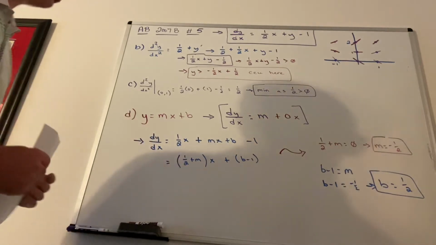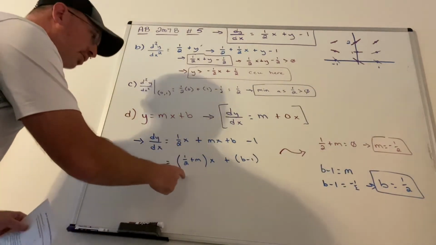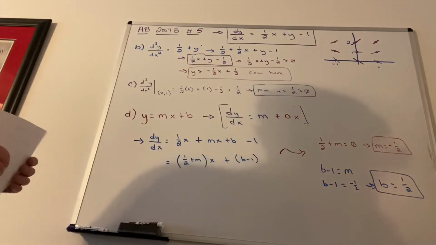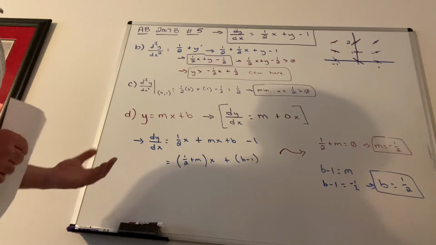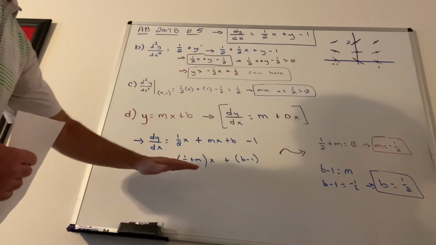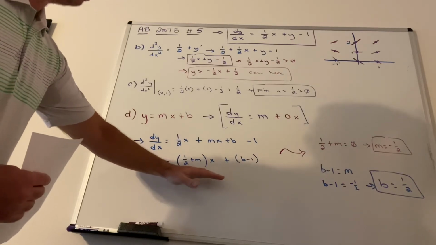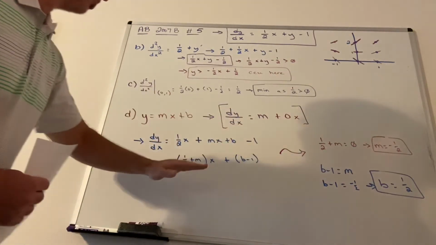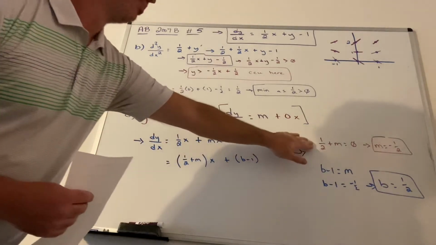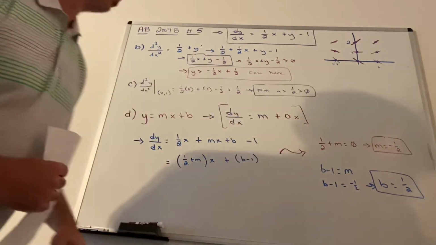Now this is dy dx, and this is dy dx, and they're supposed to be equal to each other. Looking at it, we've got stuff in front of x, and this one has 0x. So 1/2 plus m has to be 0. That means m has to be negative 1/2.